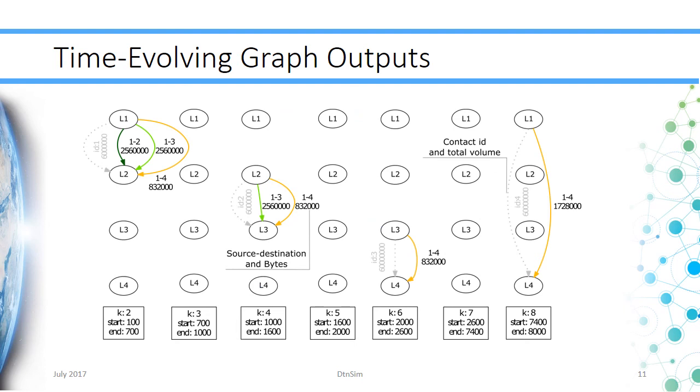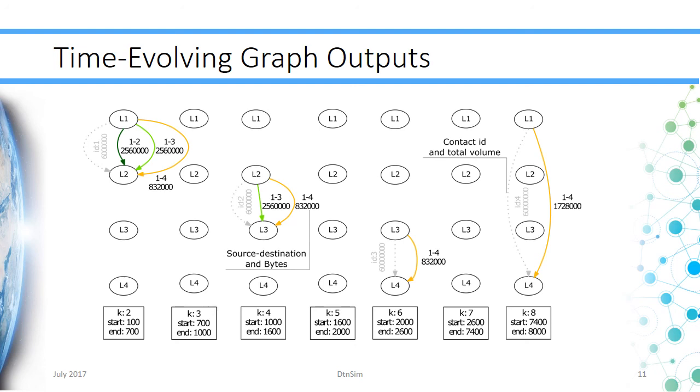And these types of outputs are the ones that can be found by using this extension of DtnSim. As we can see here, this is a time-evolving graph representation of the simulated networks, where the data flows of different data generators are shown with different arrow colors, and it's very easy to see how, as time goes by, from left to right, the network is split into different states, in this case named with the letter K from 2 up to 8.